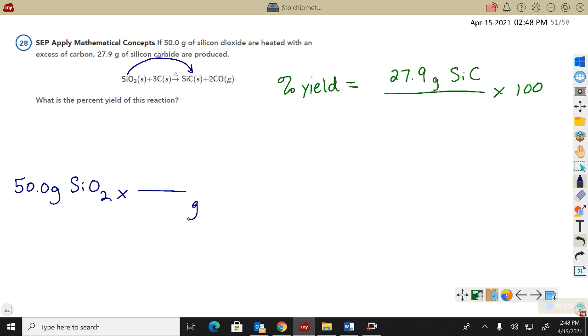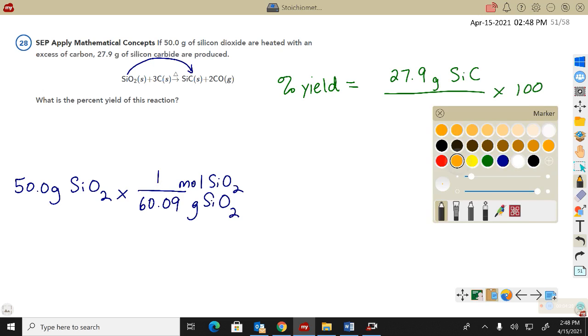So I'm going to have to get this out of grams and into moles. The periodic table will give me the mass of a mole. So we'll add silicon, that's a little over 28, plus 2 oxygen. So maybe we're looking at about 60.09 grams, and that's the mass of 1 mole.